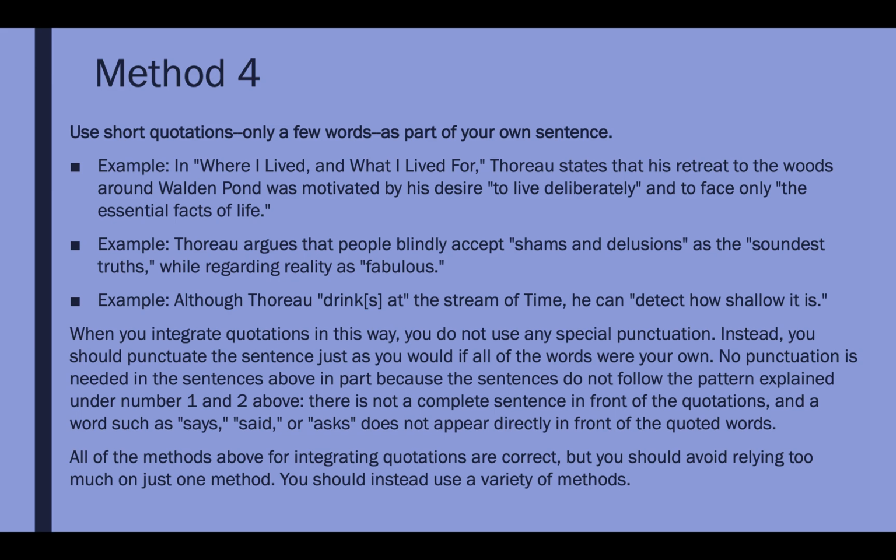Here I'm using three words or more from Thoreau, and so I need to quote his exact words. Let's take a look at one more example. Although Thoreau, and then here we're quoting, drinks at the stream of time, comma, he can, between quotes, detect how shallow it is. When I'm using his exact words, I have to quote them.